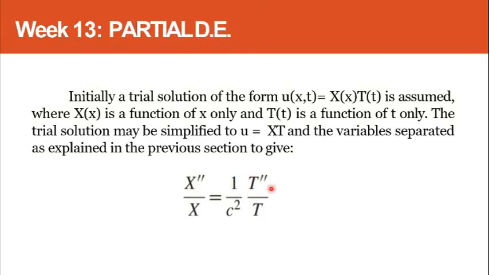Since dalawa din yung apostrophe, so second derivative naman ng T. So we have the formula as discussed before: the second derivative of X over X equals 1 over c squared times second derivative of T over T.